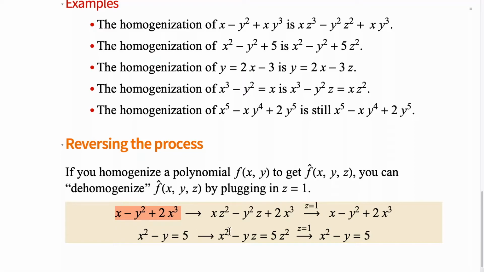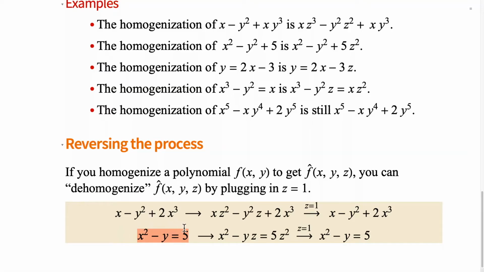The homogenization would be xz squared minus y squared z plus 2x cubed. If you take the homogenization and plug in z equals 1, that becomes x for the first term, just minus y squared for the second term, and then plus 2x cubed for the last term, and you're back exactly where you started.